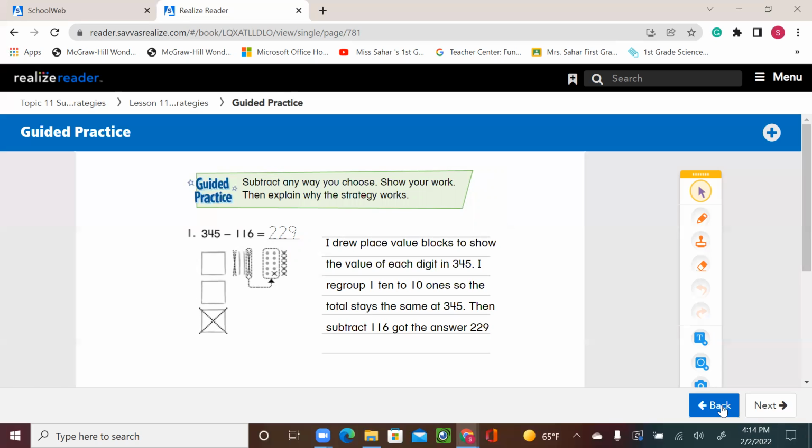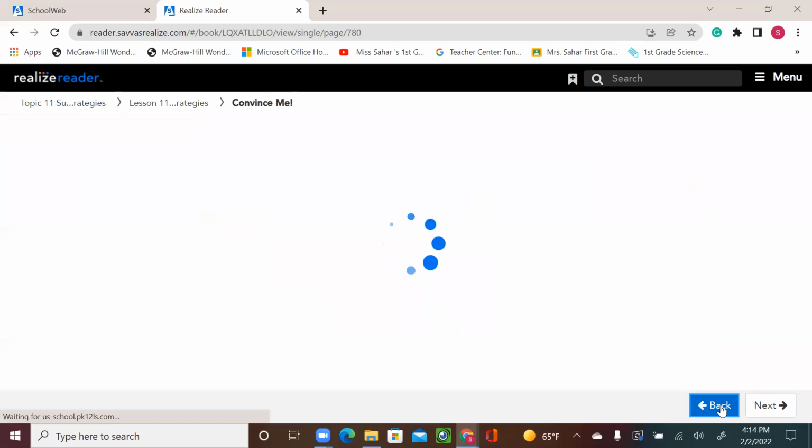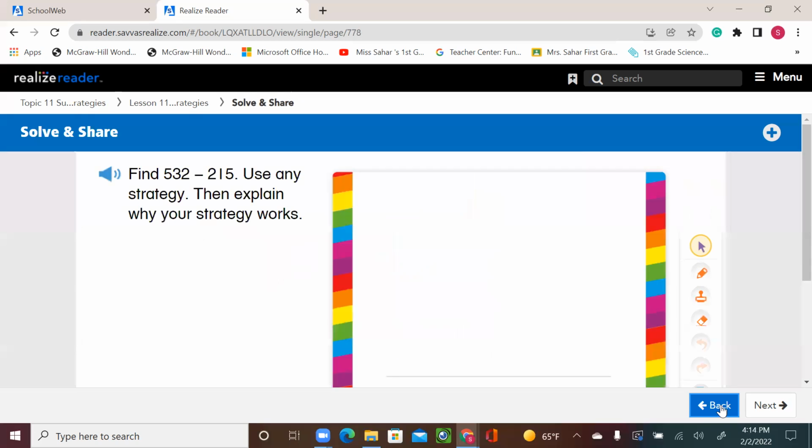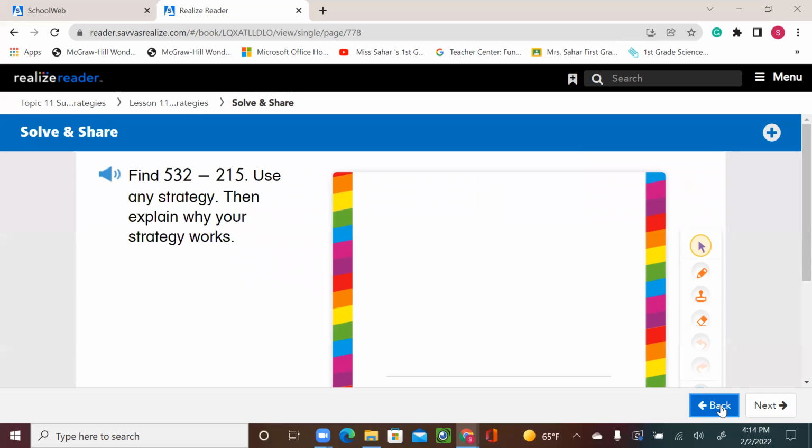All right, let's go for the first exercise we have. In your book, page 489. Find 532 minus 215. Use any strategy. Then explain why your strategy works. All right, I'm going to use the open number line, and I'm going to count backwards.